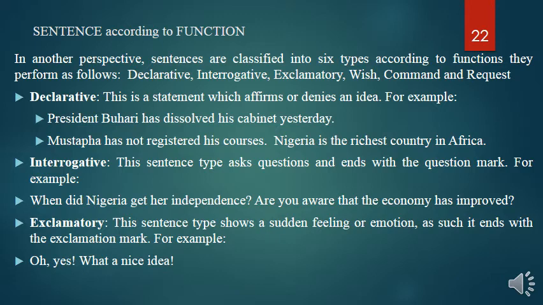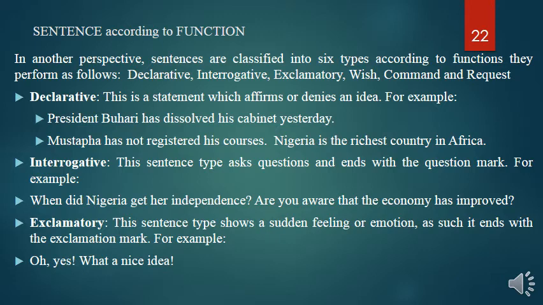A declarative sentence is a statement which affirms or denies an idea. For example, President Buhari has dissolved his cabinet yesterday. So this is a declarative statement. Mustafa has not registered his courses. It is also a declarative statement because it is used for affirmation or denial.